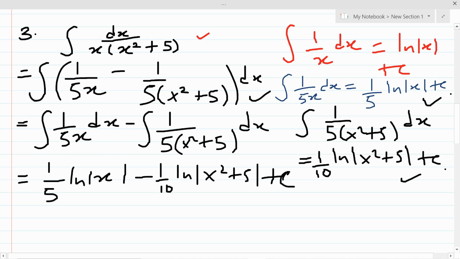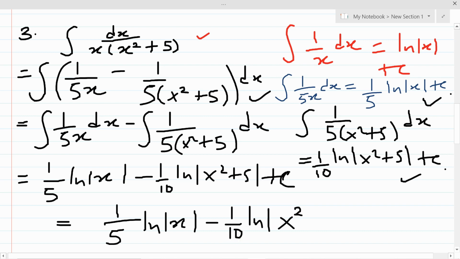That is why you should know they are not the same. So the final answer is like this: 1 over 5 then ln of x minus 1 over 10 then ln of x squared plus 5, all plus c.